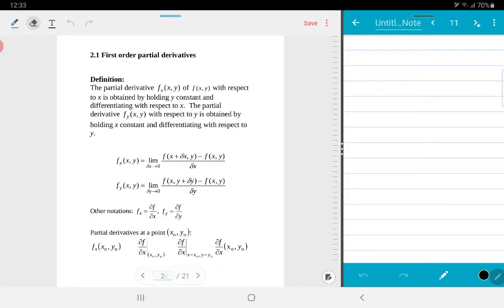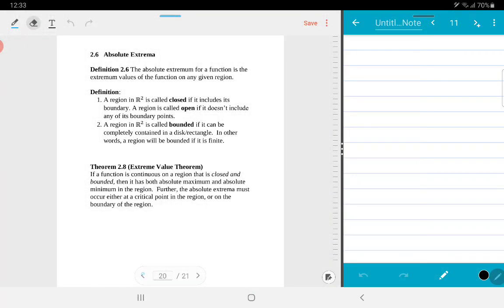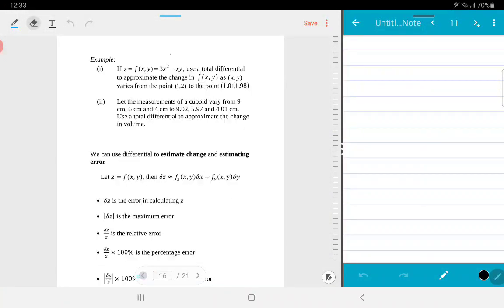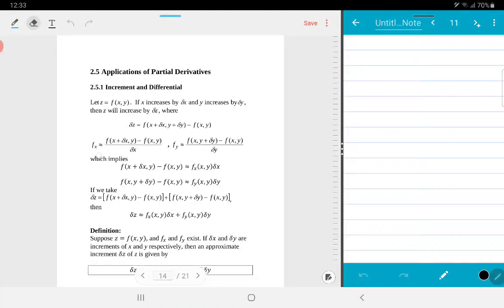Now if we drop the limit, then we get approximately equal. So partial f partial x is approximately equal to this, and partial f partial y is approximately equal to that.